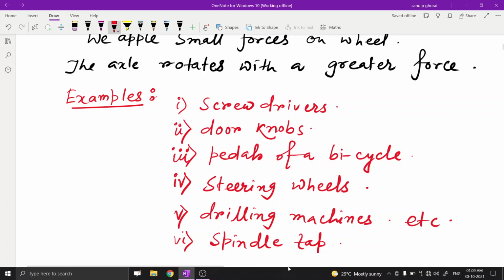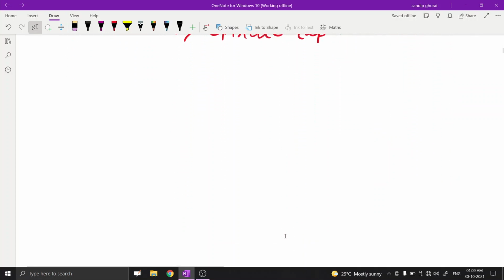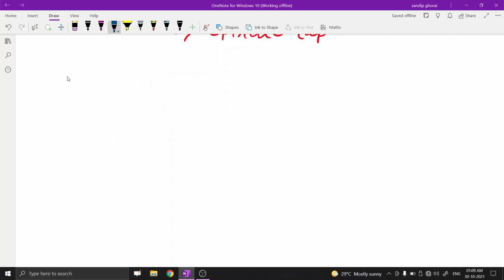Now we move to our next point, that is care of machines. Generally we use machines to do hard work with the help of a small amount of force, or we can do some hard work more easily by using machines.